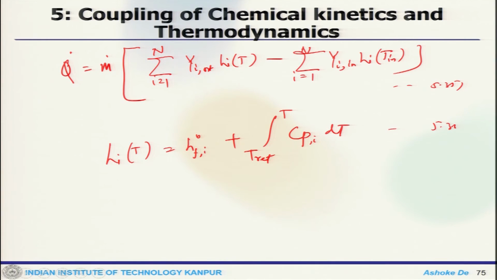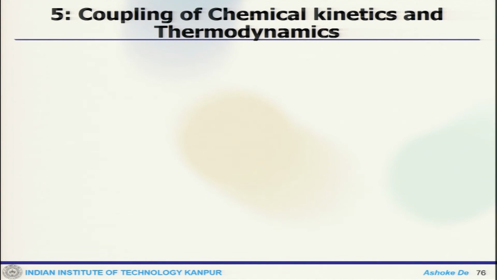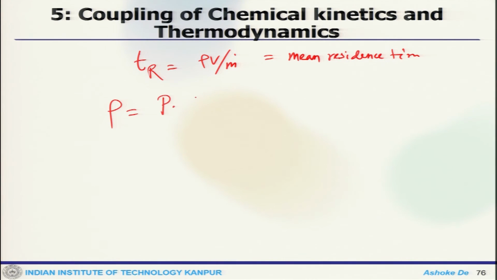So, finding T and y I out is similar to the equilibrium flame T calculation, but the composition is constrained by kinetics. So, now most of the time the mean residence time is defined for the well stirred reactor, and that is T r equals rho V by m dot. So, this is the mean residence time. Now, the mixture density is rho equals P molecular weight of the mixture by R T.